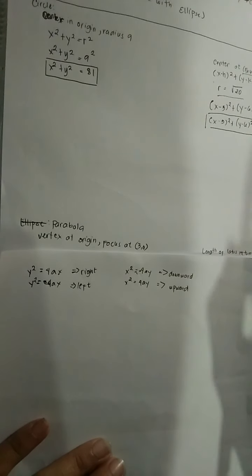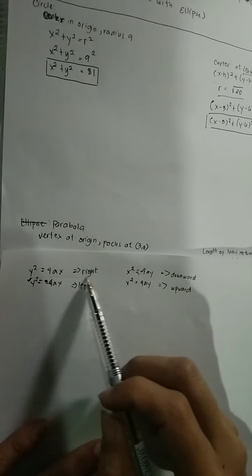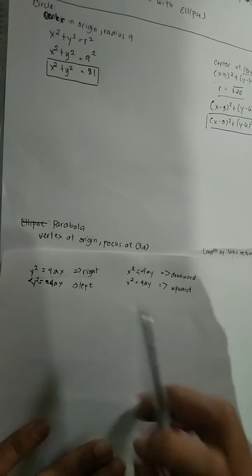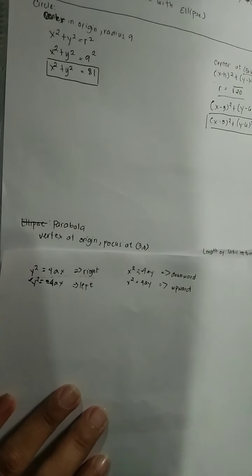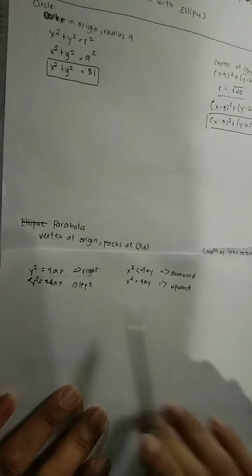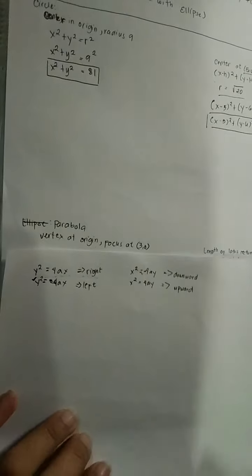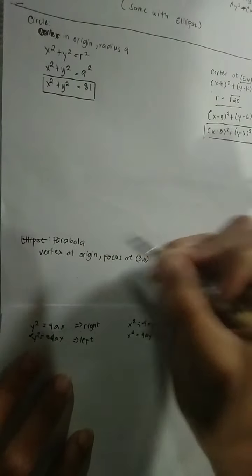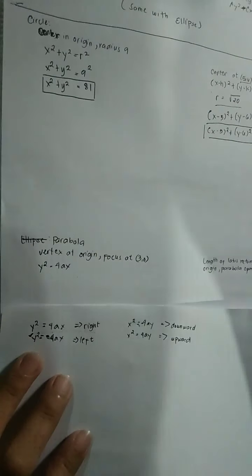If it opens to the right, this is the form: y squared is equal to 4ax. Okay, just remember all the forms. Let's use this one.